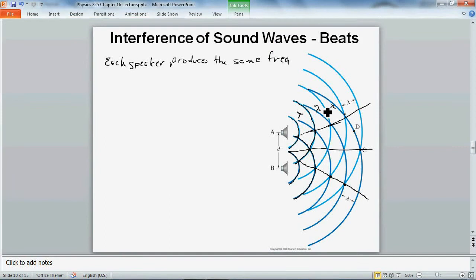So this is where we get our constructive interference whenever these points are on multiple wavelengths of each other. Now, for the center, it's equidistant to the amplitudes on both sides, and so this would be in between. That would be 1/2 lambda.